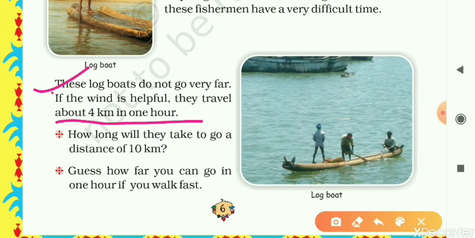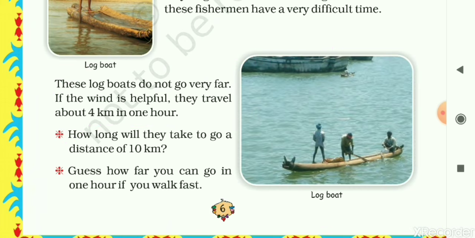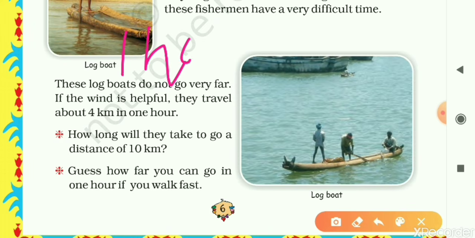Okay. Now, here is a question. How long will they take to go a distance of 10 kilometers? Let's solve it. The boat is going, in 1 hour, how many kilometers?